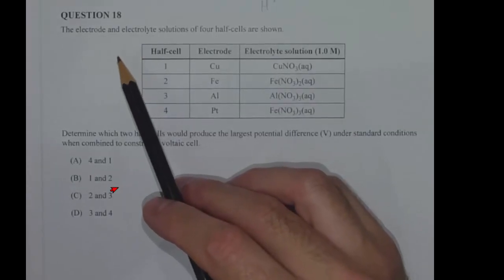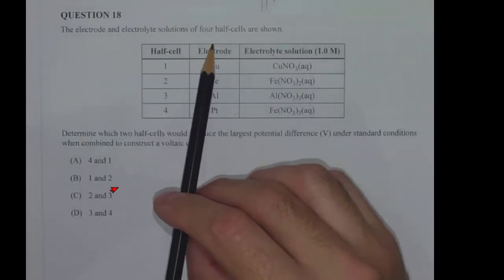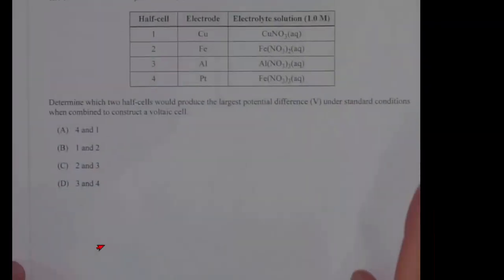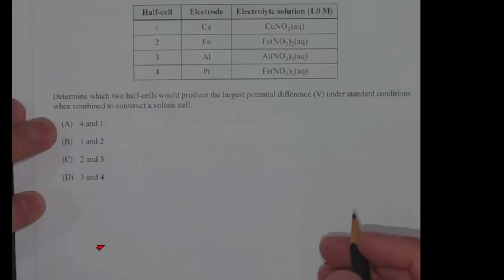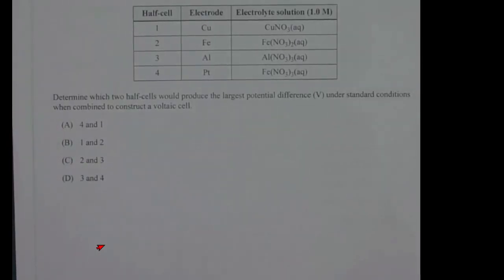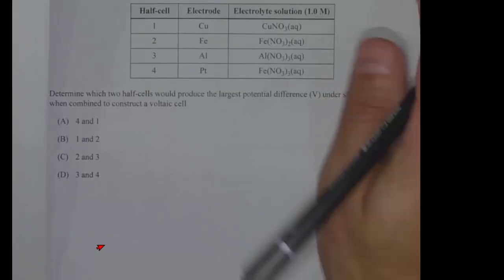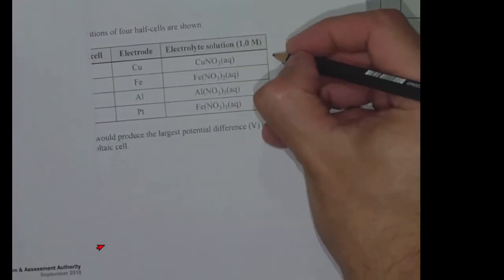The electrode and electrode solution of 4 half cells are shown. That is just ridiculously nasty. Do I have to? You pretty much have to do 4 cells to work this out. That is just a crazy amount of work. Let me just start here.